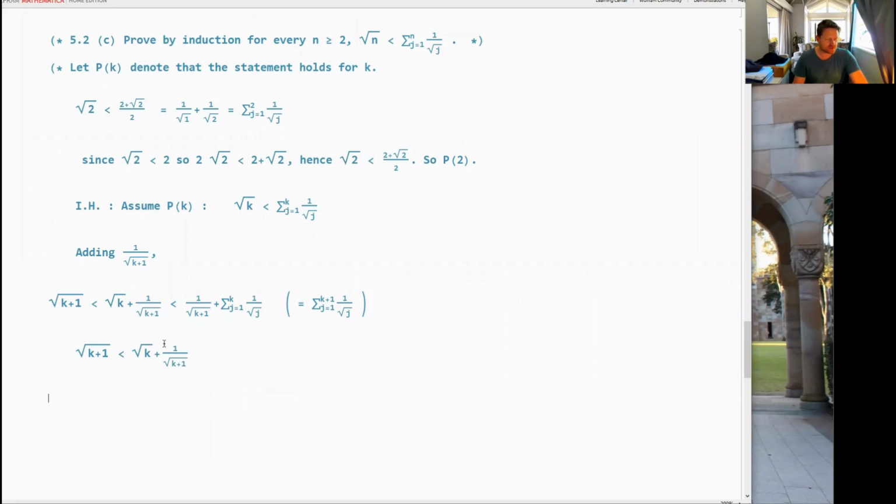Okay, so what we want to do is take this and simplify it. So we can multiply by root k plus 1 on top and bottom, and we get k plus 1 there. All right, good. And now we want to combine these fractions.